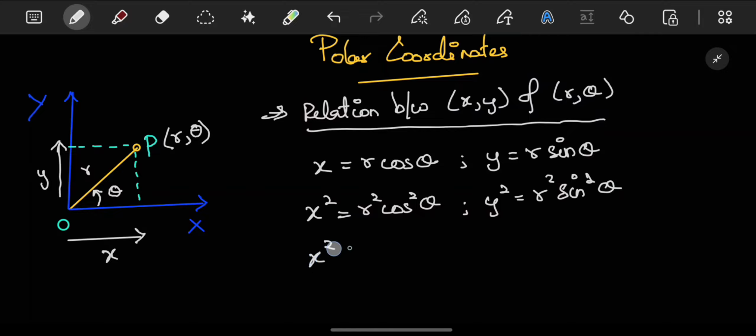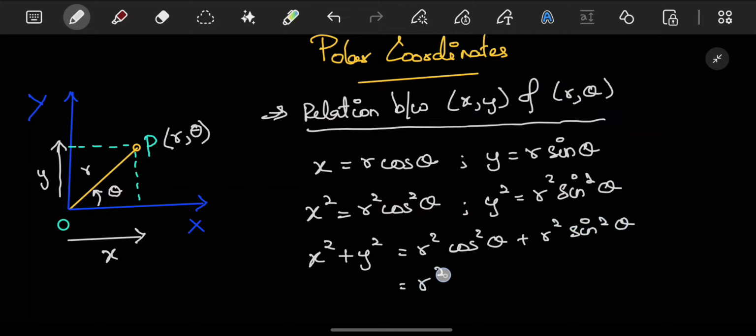Now we can just add x square plus y square, which is equal to r square cos square theta plus r square sin square theta. Now we'll take this r square common. We'll get cos square theta plus sin square theta.